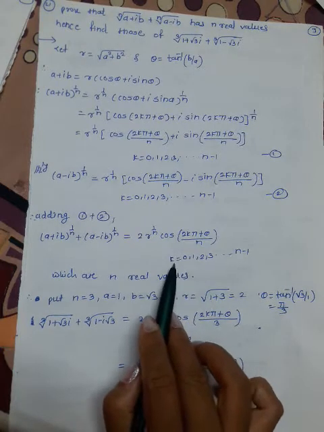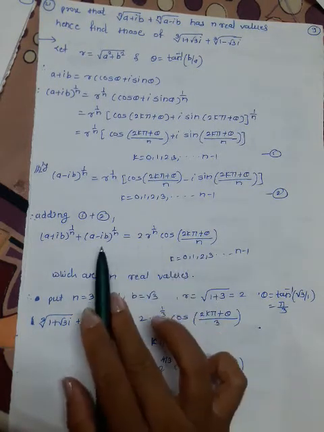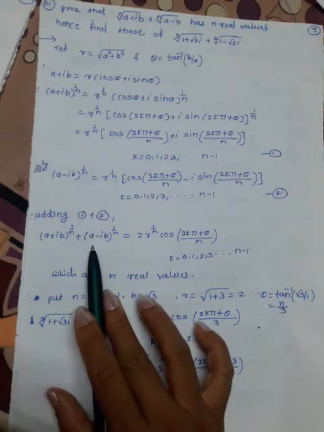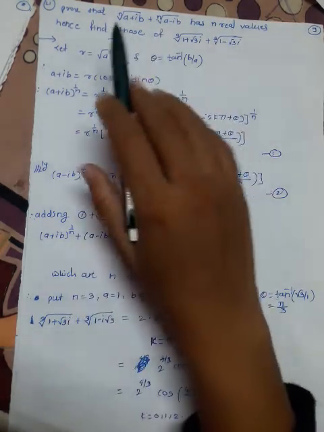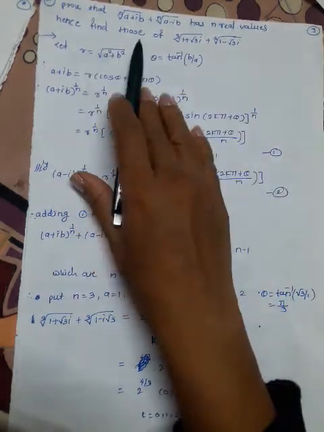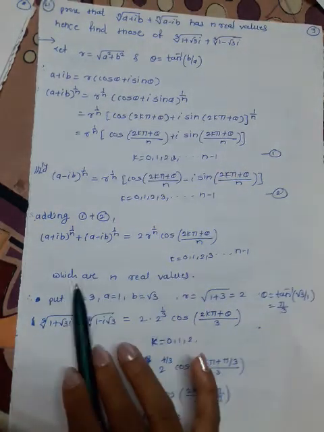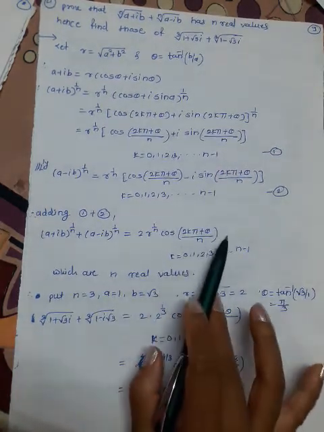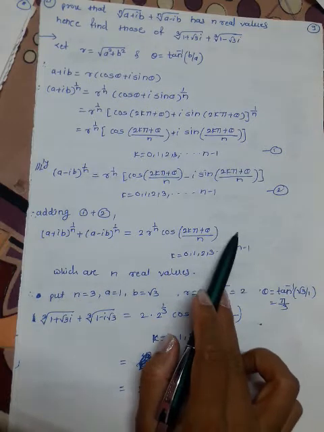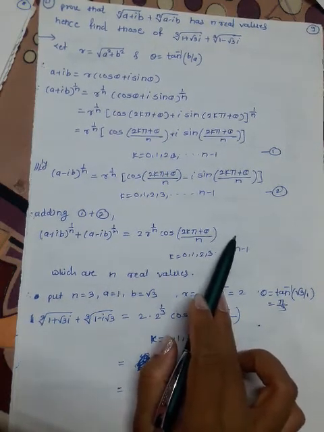By going on putting values of k, we get n real roots of this addition of two complex numbers. The first part we have proved. Obviously these are n reals because no complex number is there, the sine term gets cancelled, that's why the i term gets cancelled here.